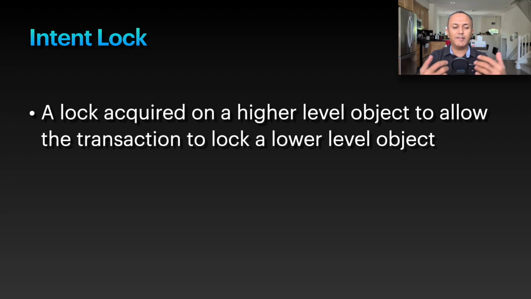Which we don't have for X locks and S locks. This is where intent locks come in. An intent lock is a lock that is acquired at a higher level of the hierarchy, but it also allows the transaction to acquire lower level locks on lower level objects. What does that mean? That's super unclear. Let's look at the types of the intent locks, and then we'll explain what that earlier statement meant.